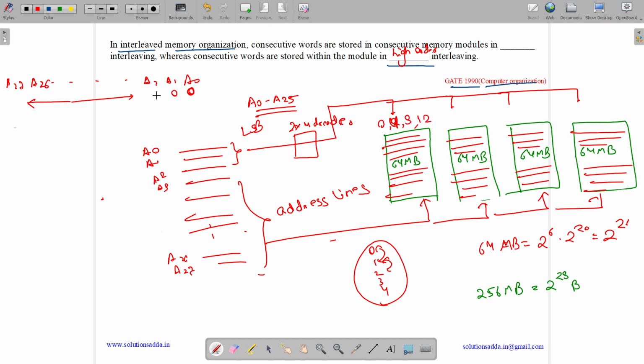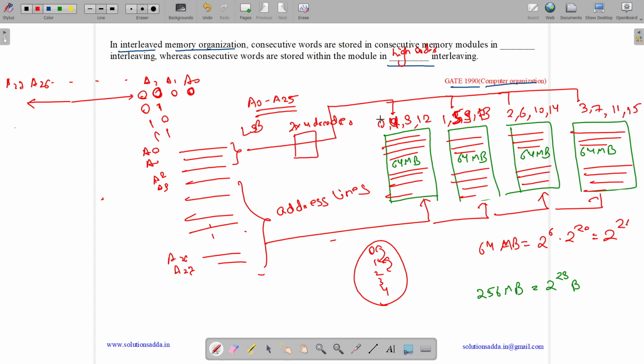Then for the next module, addresses like 1, 5, 9, 13 will come, here it would be 2, 6, 10, 14, and here it would be 3, 7, 11, 15, and so on.